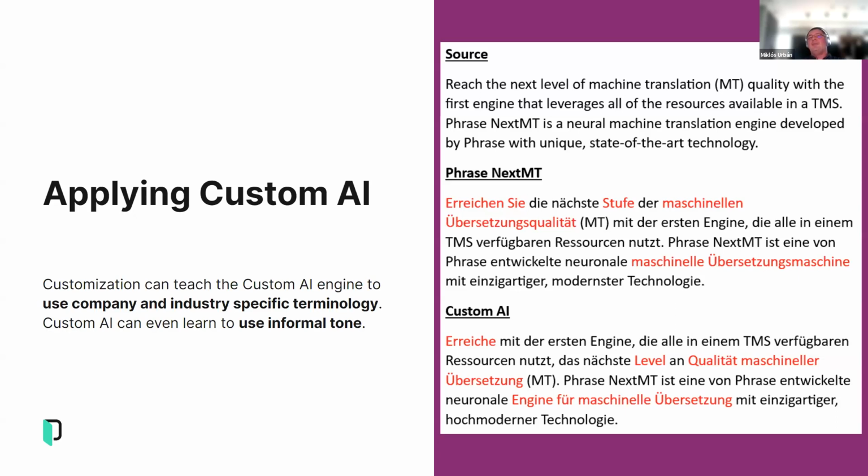And the difference is that, first of all, the engine learned that although the generic engine came back with a non-formal tone, for custom AI, it learned that a formal tone is used by this company that we trained the custom AI engine with. It's actually our own translation memory that we use for translating our own content within Phrase. So basically, it learned that Phrase on the German side talks in a formal way.